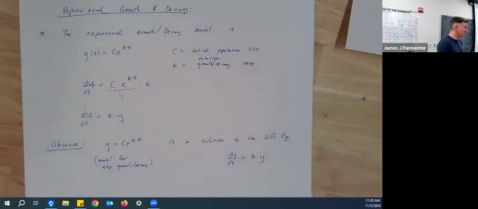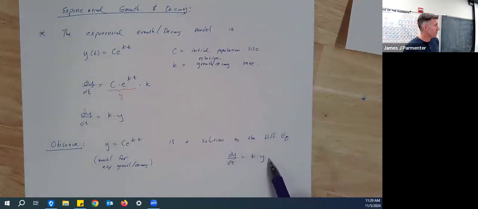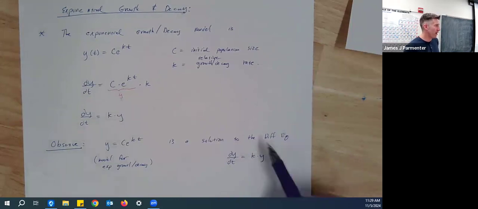Or in other words, if the rate of change of the population y is proportional to y, then you end up with a model for growth that is exponential growth. Let me say more about this.